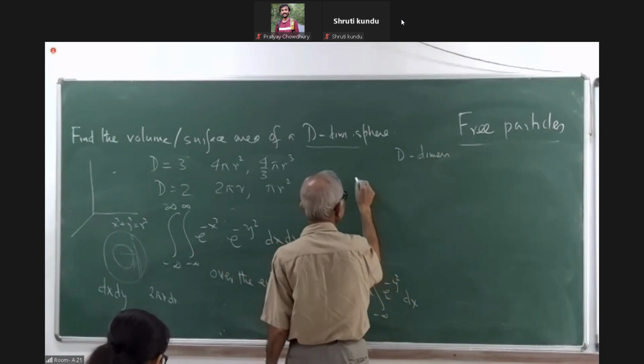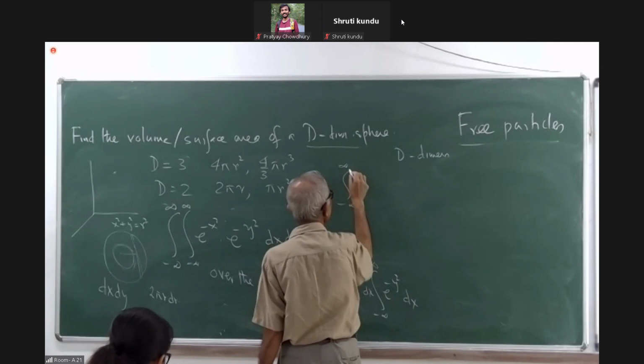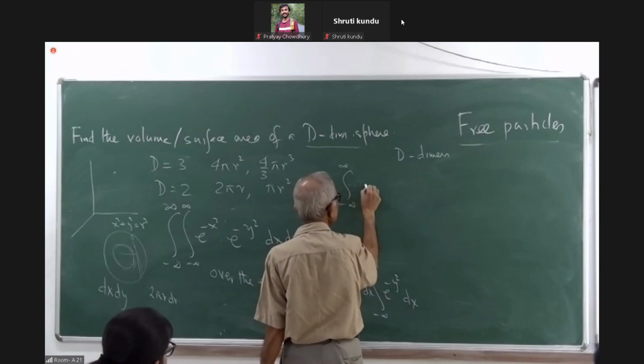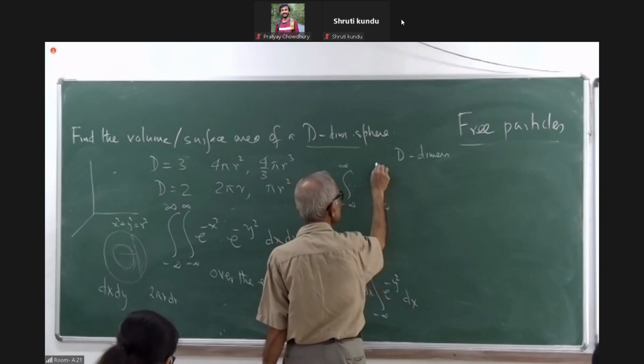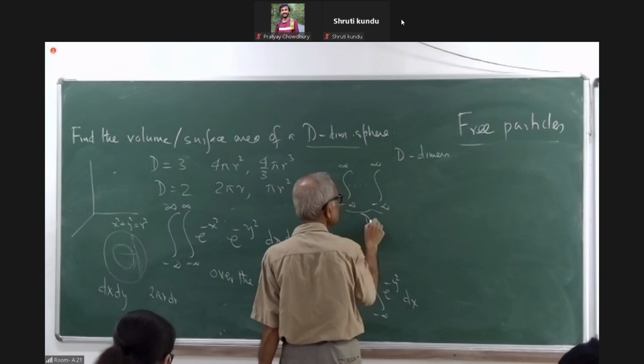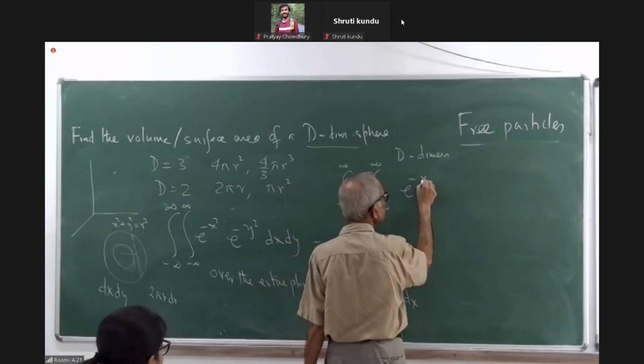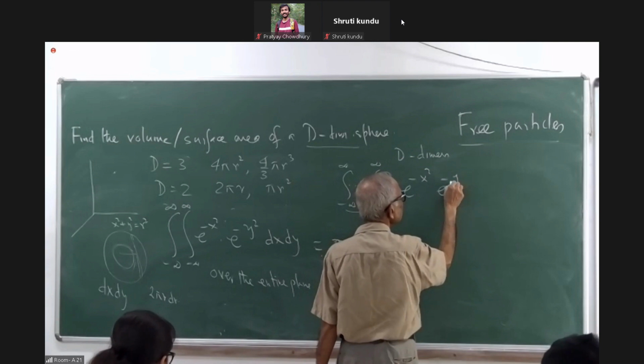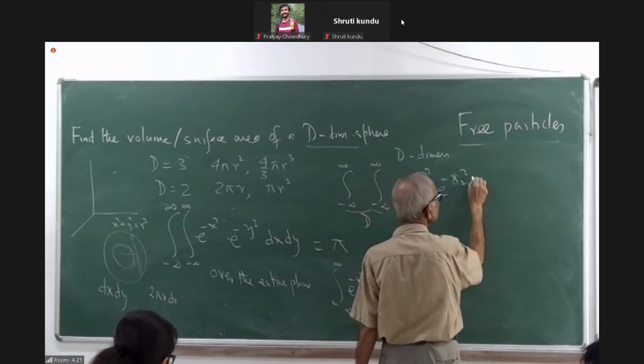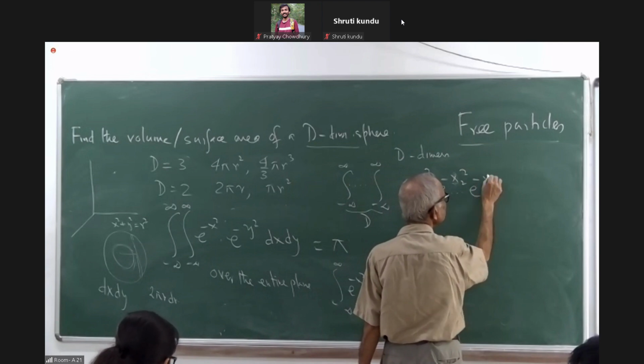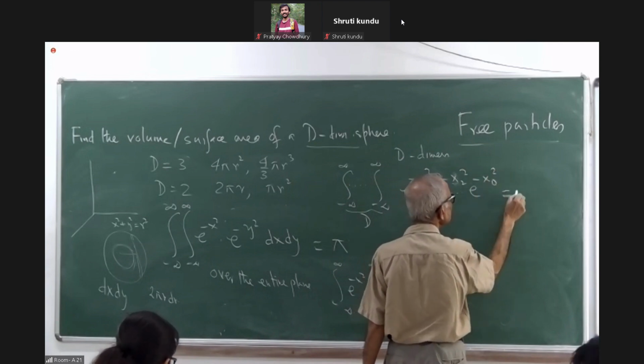So what will happen? Minus infinity to plus infinity, minus infinity to plus infinity. There will be d such terms, and here will be e to the power minus x1 squared, e to the power minus x2 squared, all the way up to e to the power minus xd squared.